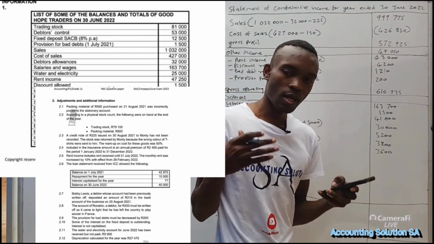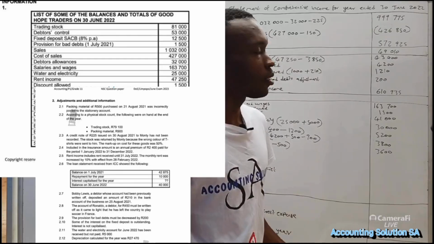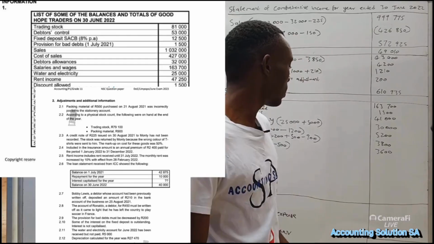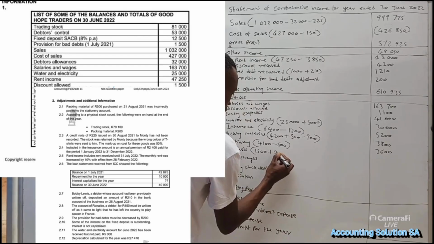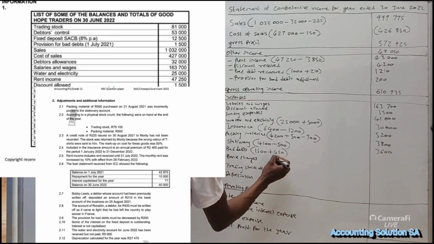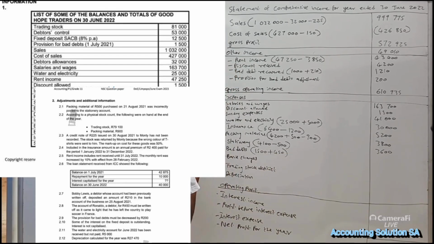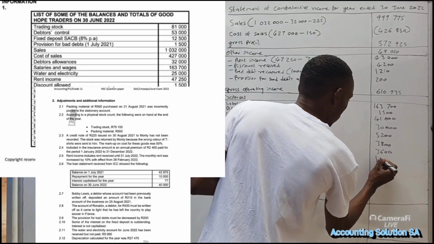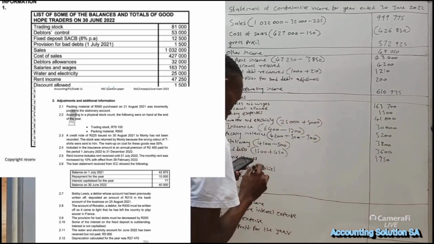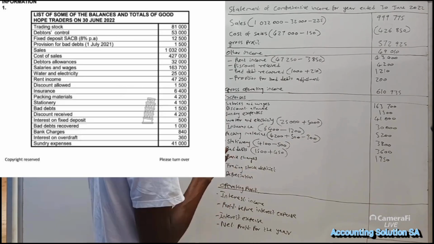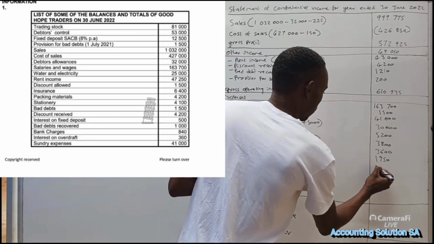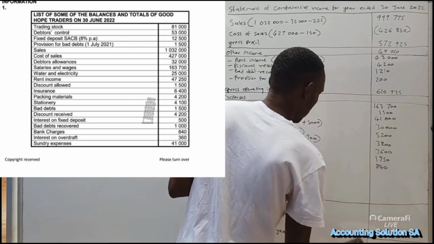So this person is no longer in South Africa. Obviously, he's not going to pay us anymore, which means that we have to write this person off. We are going to add 450. Okay, then it's going to give us 1,950. Very simple.